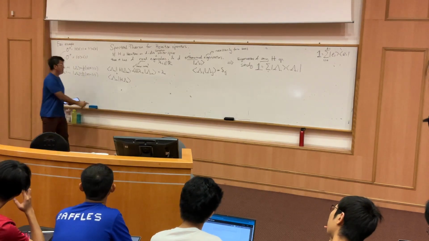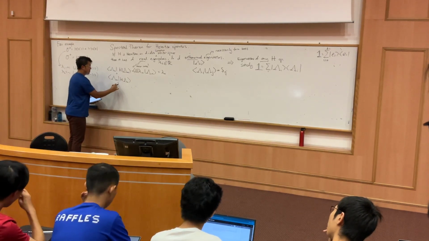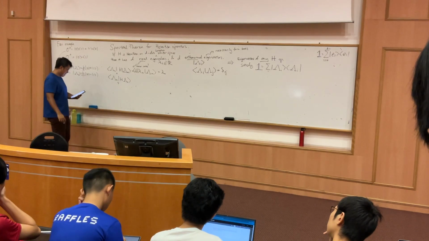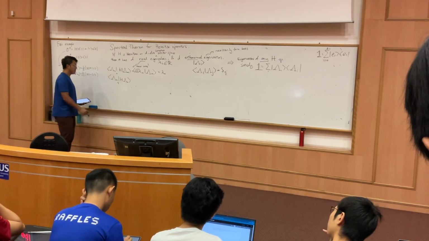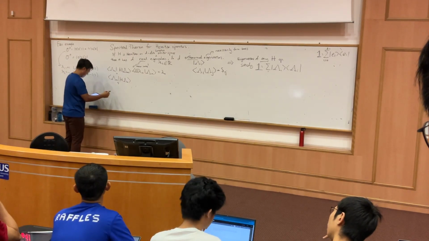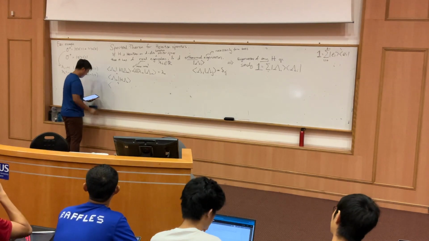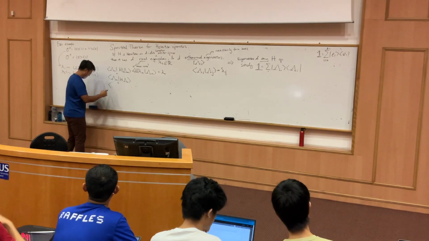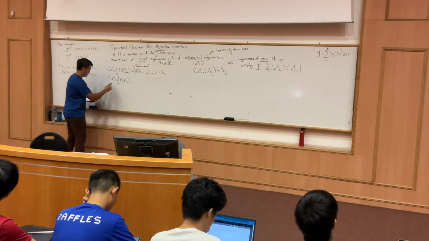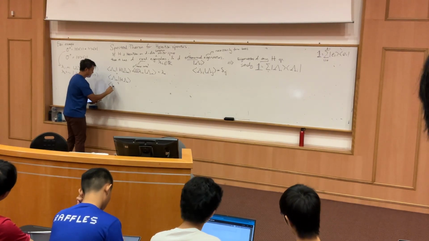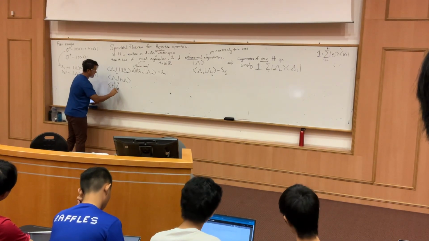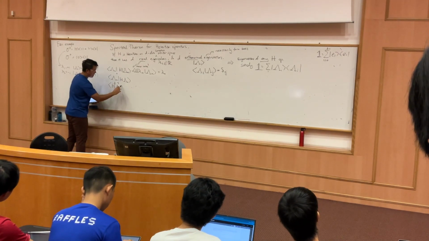But then, because this matrix is Hermitian, I can write it as H dagger. Sorry, I can use its adjoint and write it this way.